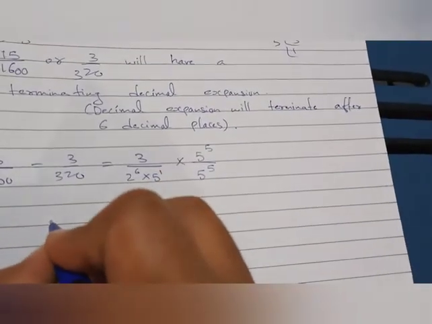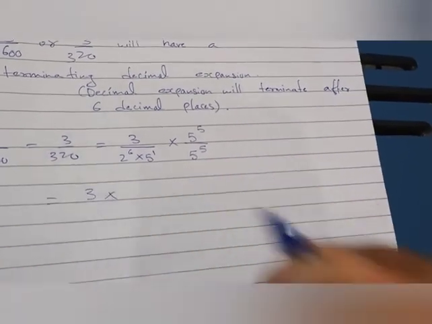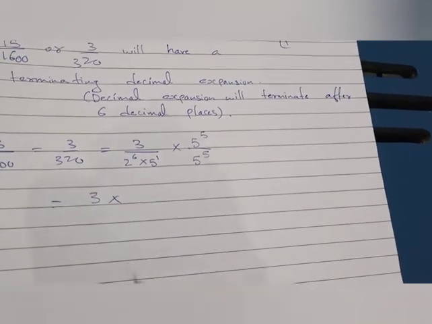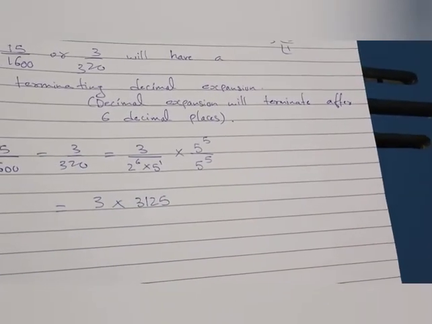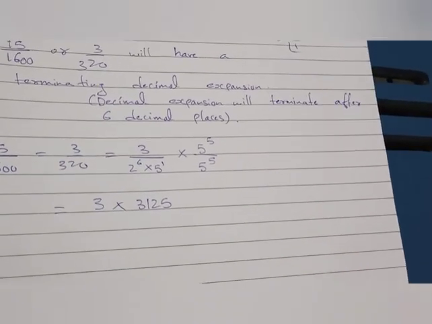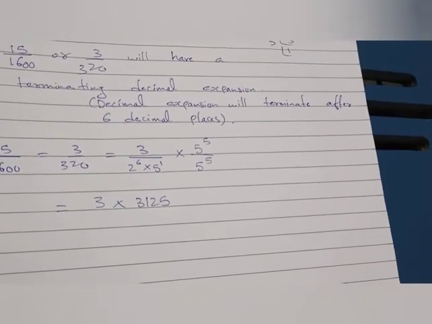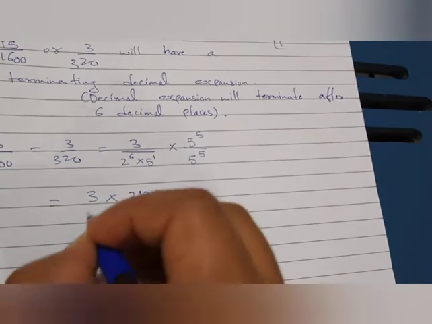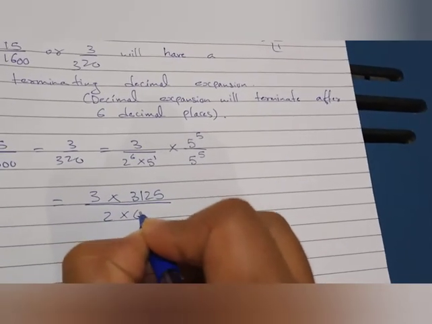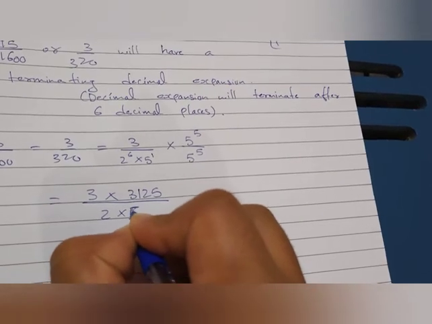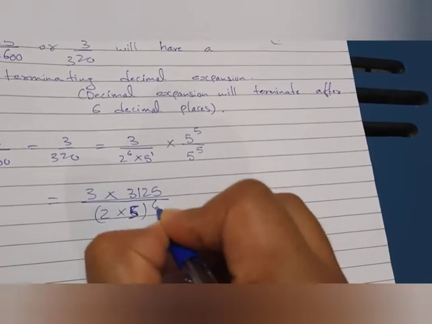So now we'll get 3 into 5 to the power 5 will give us 3125. 5 5s are 25, 25 5s are 125, 125 5s are 625, and 625 5s are 3125. And in the denominator we have both 2 and 5 raised to the power 6.